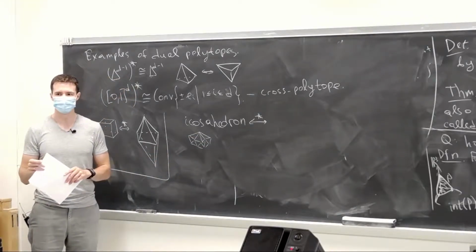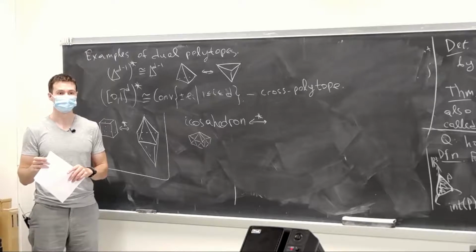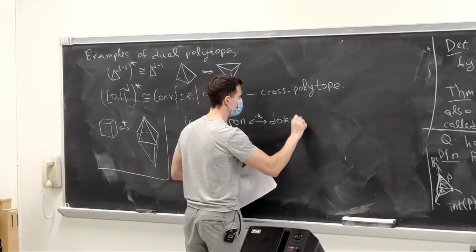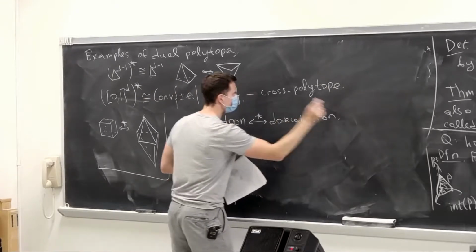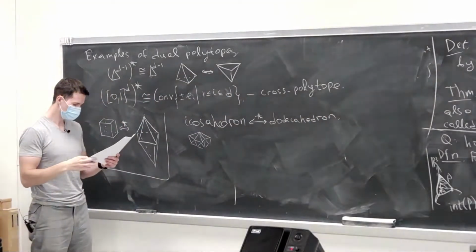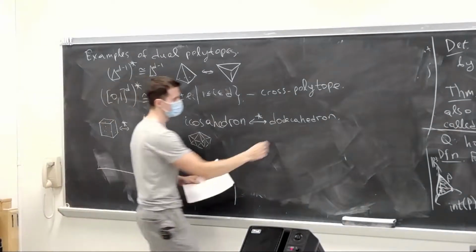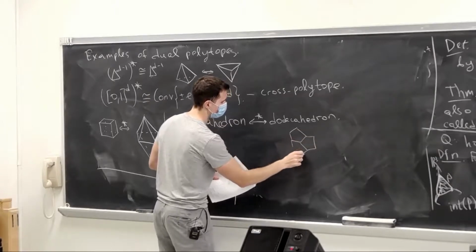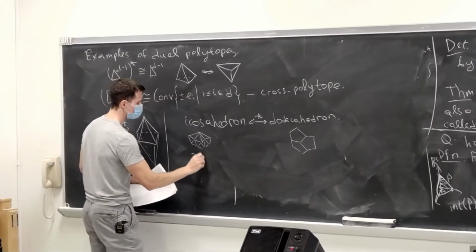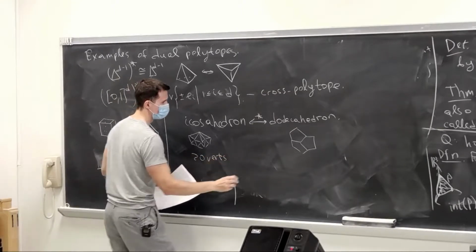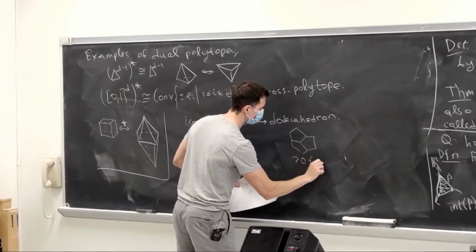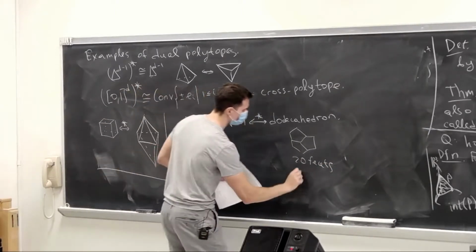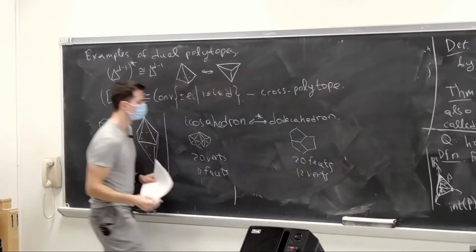What's the dual of the dodecahedron? Dodecahedron. Nice. And so on. The dodecahedron has these pentagonal faces. And this has 20 vertices. This has 20 faces, facets. This has 12 facets, I think. This has 12 vertices.